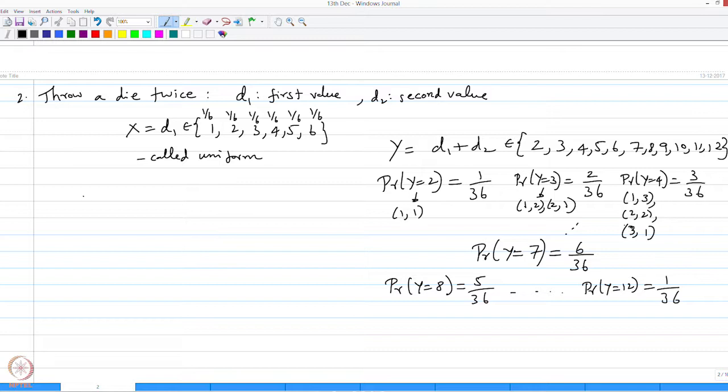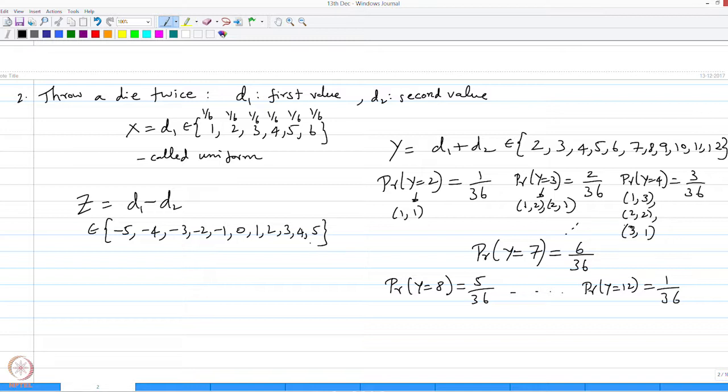You might also want to define a random variable z which is maybe d1 minus d2. So, what will happen if you do d1 minus d2? This is a little bit more intriguing. You might have minus 5, minus 4, minus 3, minus 2, minus 1, 0, 1, 2, 3, 4, 5.